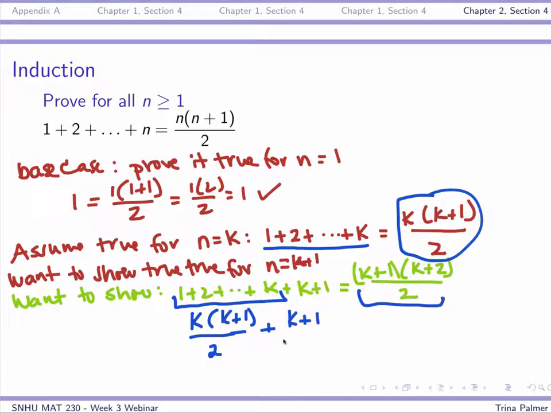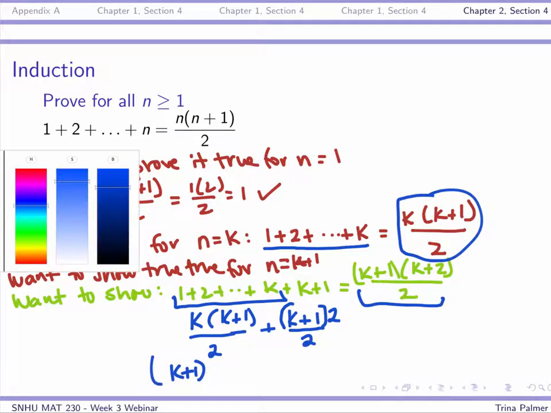I'm going to add these two together, and to do that I'm going to get a common denominator. I'm going to multiply this by 2 over 2, so it doesn't change anything. Now I can add them, since they have a common denominator. Notice the top pieces both have a k plus 1, so I can factor a k plus 1 out.